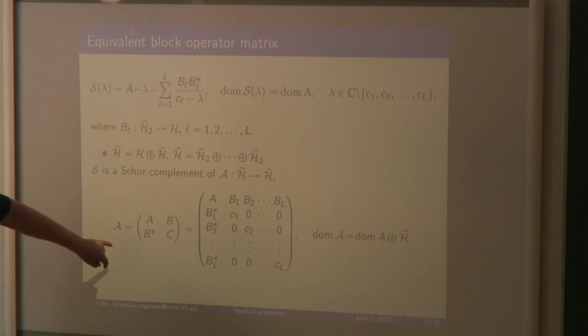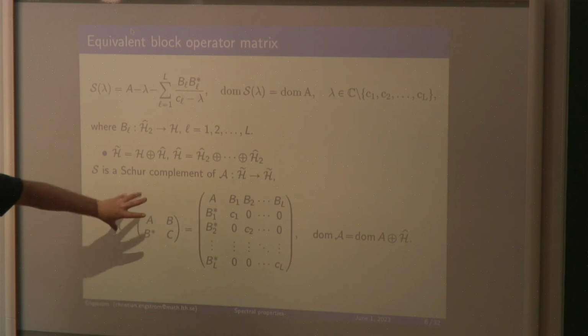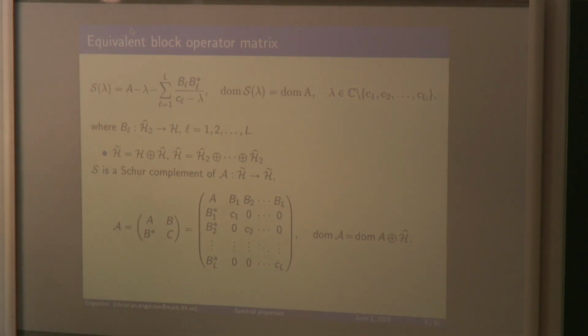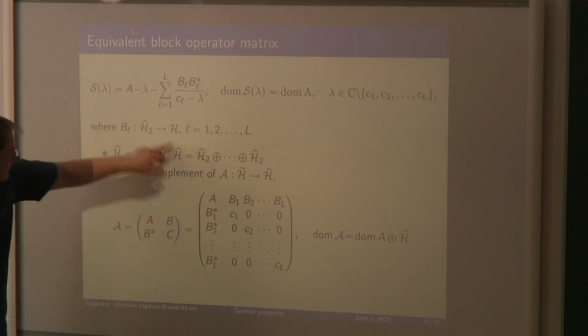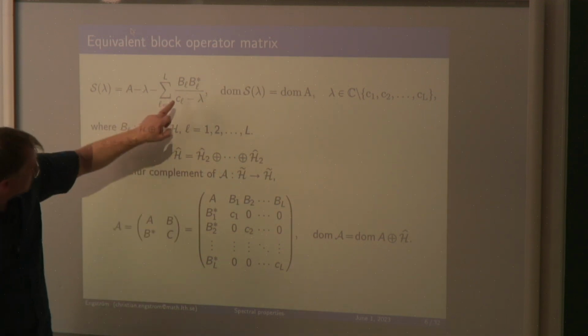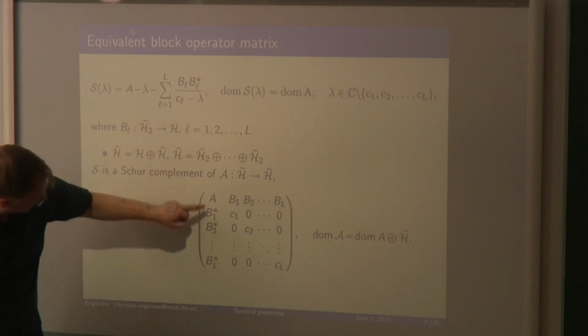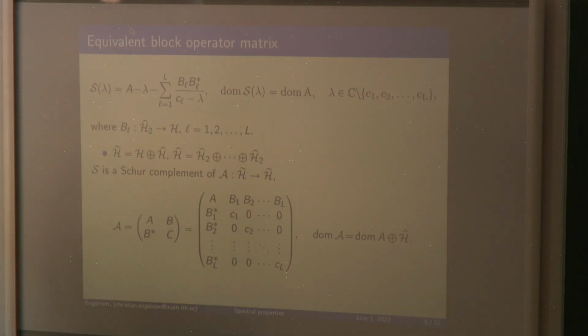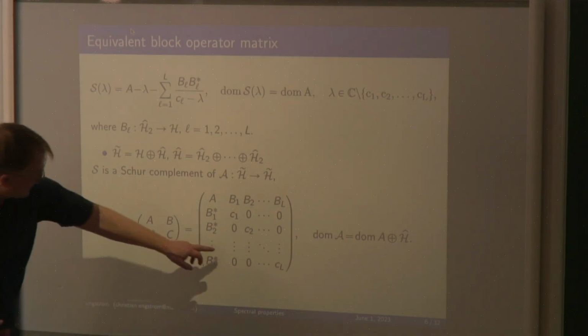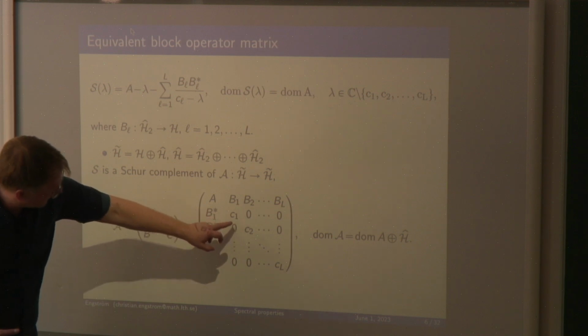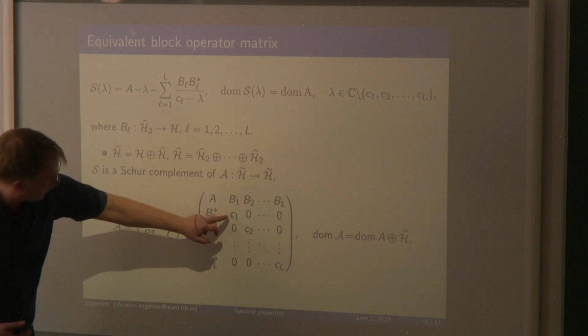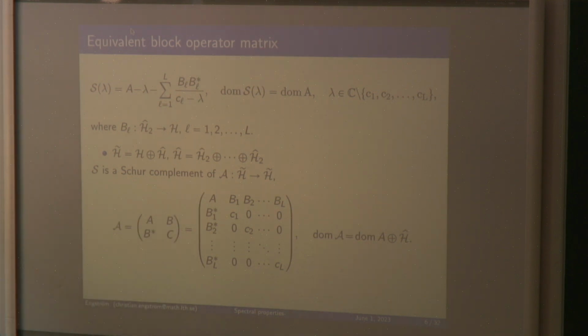Fancy A then has a somewhat symmetric structure, where A is the same thing that we have here, and we have all these B1 to BL, and then we have a block C. This is maybe what is most special with this problem, that this block C is just diagonal, having just non-zero terms on the diagonal, some real positive numbers. So this is, of course, a very special structure that we can explore.